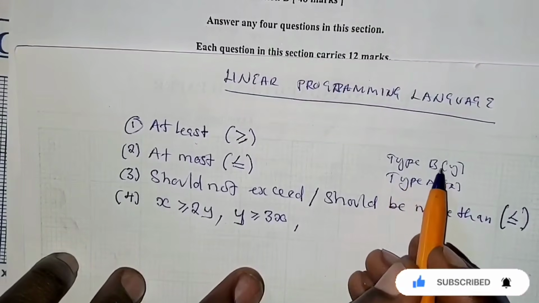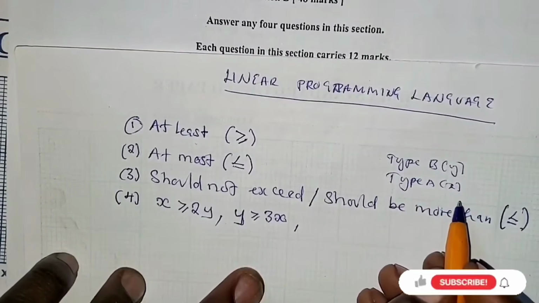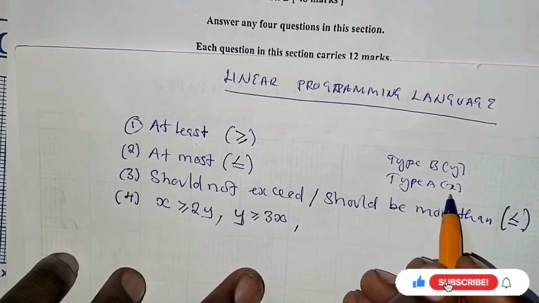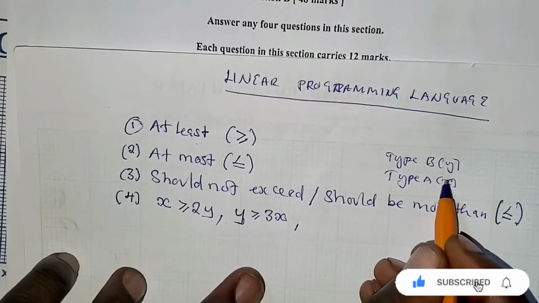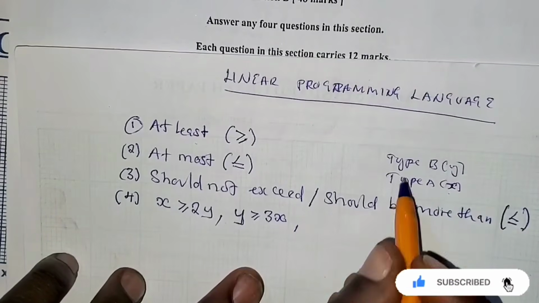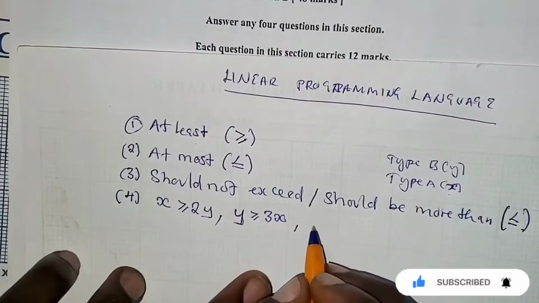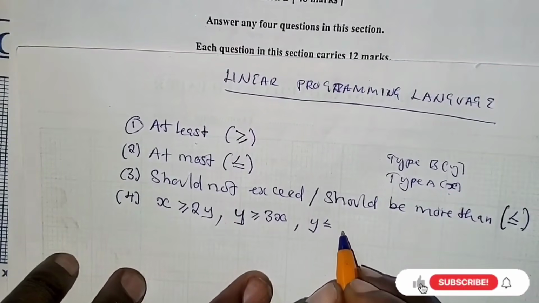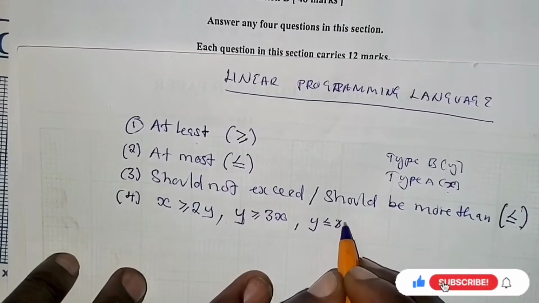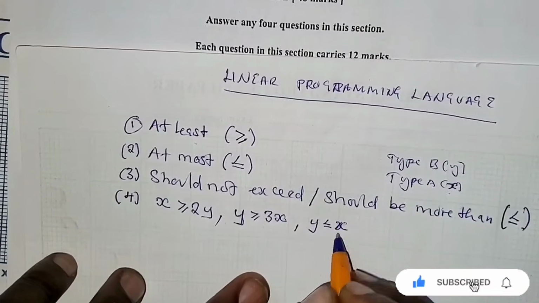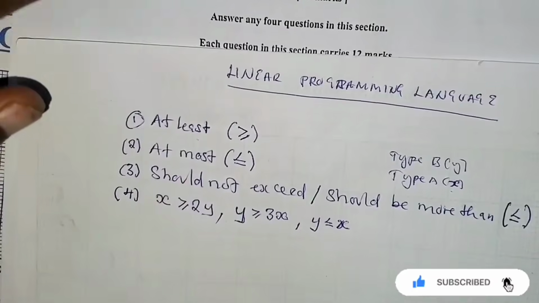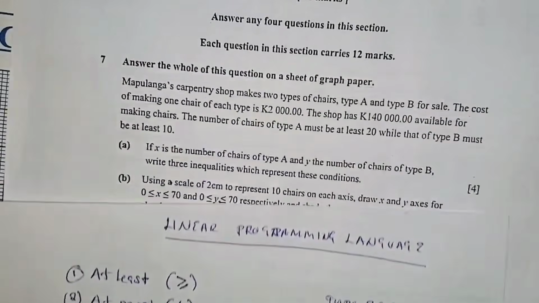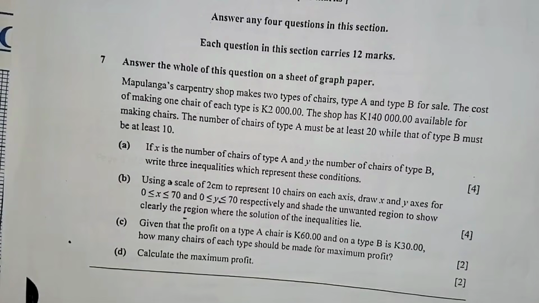When they say the number of type B to be at least, or to be more than the number of type A, or should not exceed the number of type A, the number of type B, which is y, should not exceed type A, which is x. So it will be like this. Let's now go to this examination question. Having understood this, I think this will be easy.